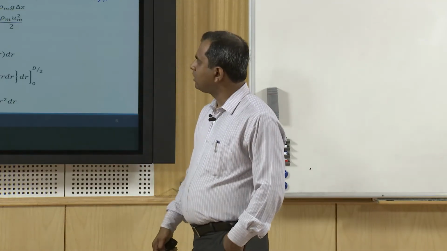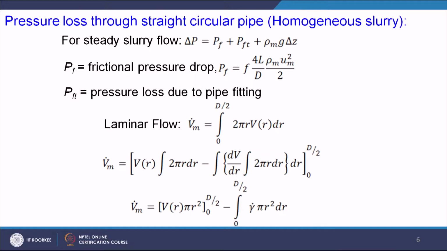Okay. So, if we do integration by parts, because here we have r and V is also a function of r, then we get Vr times the integral of 2 pi r dr, minus the integral of dV/dr times the integral of 2 pi r dr, into dr. Okay, the limit stays from 0 to d by 2.